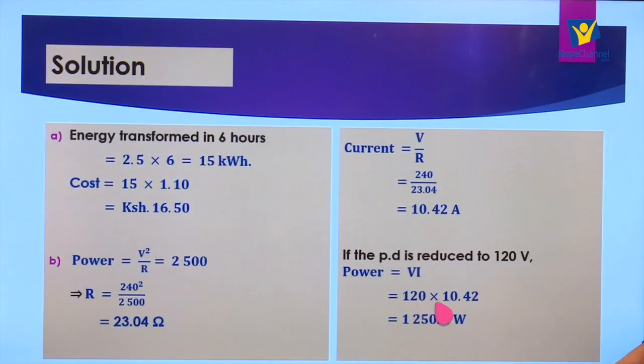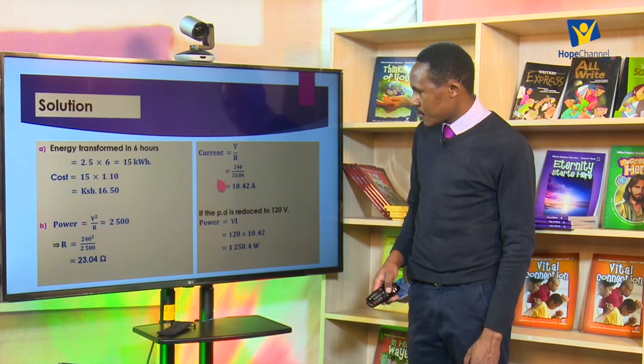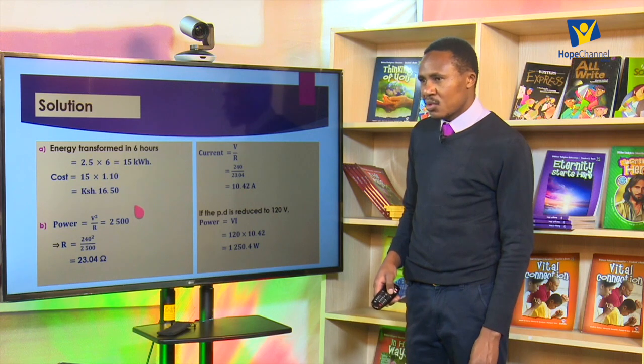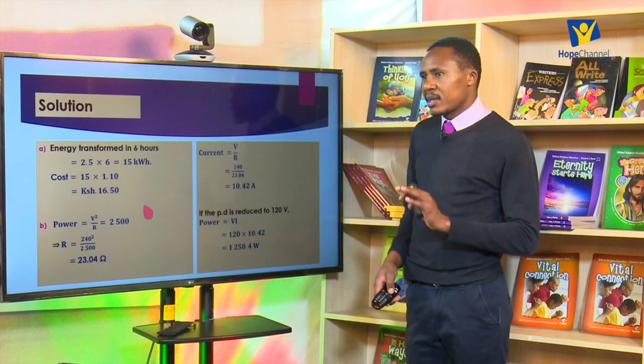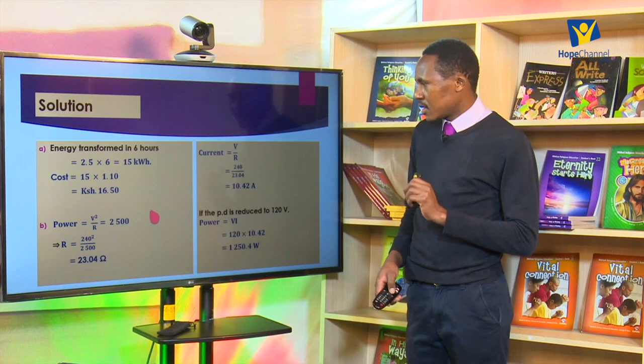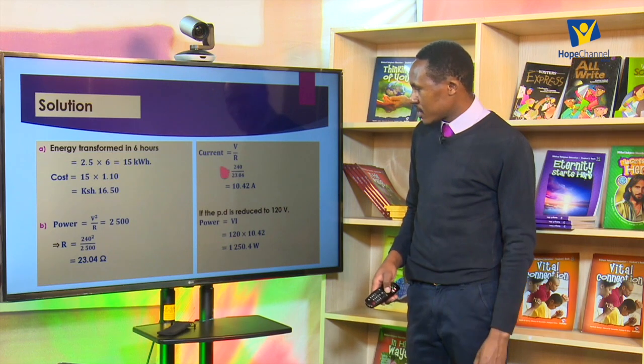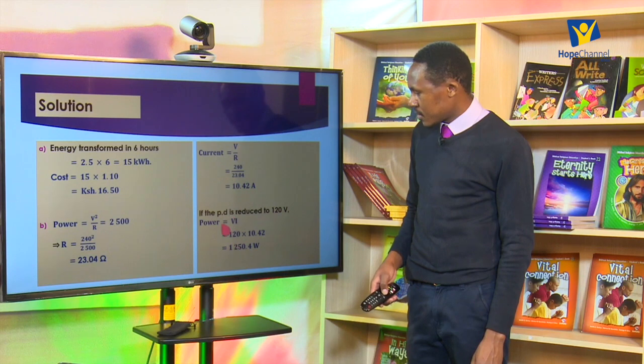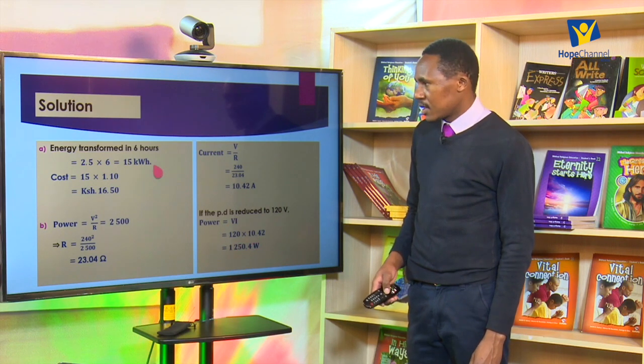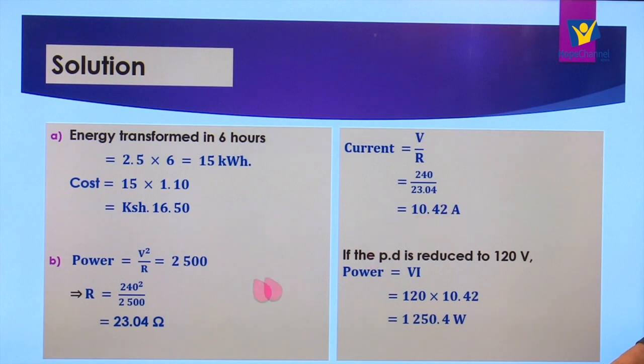So we have 120 times the current. By the end of the day, for that kettle to operate, the current flowing must be 10.42 and not less than that value. So assuming the same current is flowing through, the power dissipated will be the potential difference 120 times the current. So we get 1250.4 watts. That will be the effect of reducing the voltage.